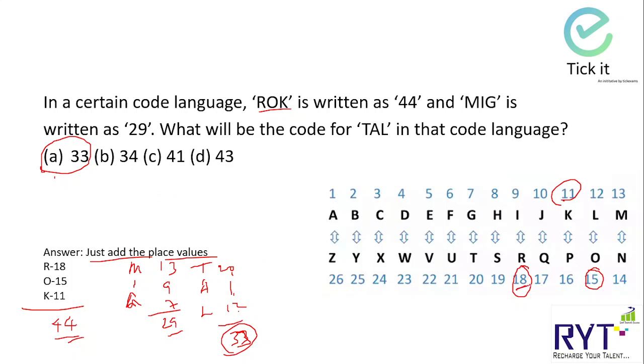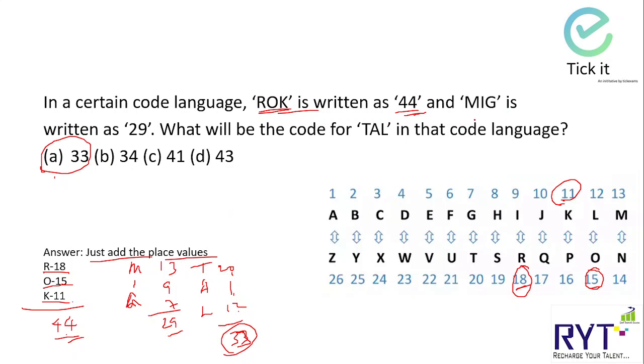R means 18, O means 15, K means 11. If we add these numbers, we get 44. In the question, ROK is written as 44, which means the logic is simply adding the place value of each letter.